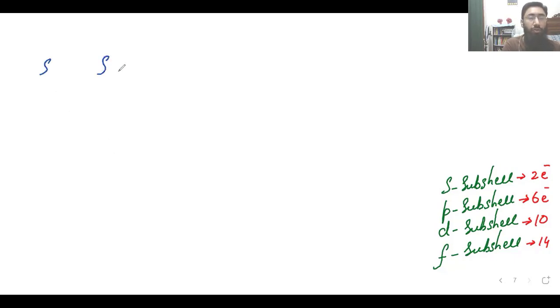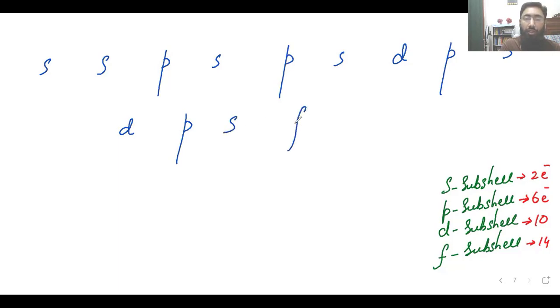School, school, public school, public school, juvenile, public school, juvenile, public school, federal, juvenile, public school. This is a poem by which we can remember the true sequence in which subshells are arranged.